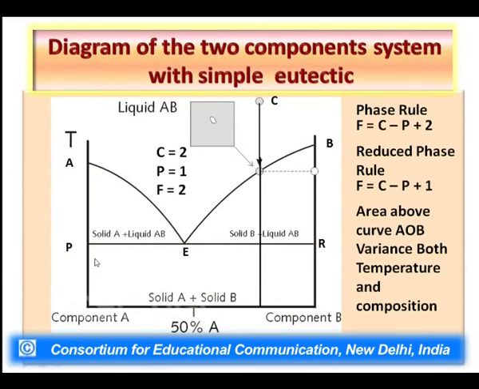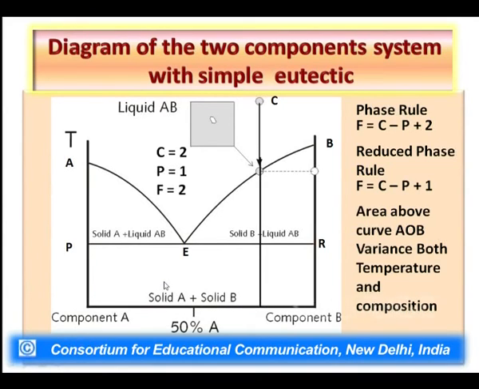Now, any point below this straight line PER has only solid A and solid B. And this curve BE represents a locus of all the points at which crystallization of a particular mixture of different composition starts, and curve AE represents start of solidification or freezing point of different liquid mixtures having different compositions in the same manner, and point E represents eutectic point.